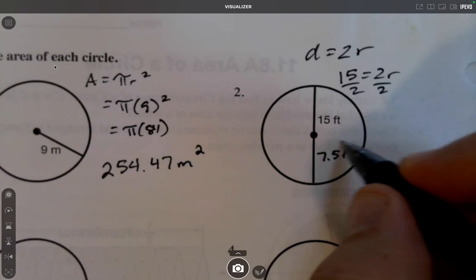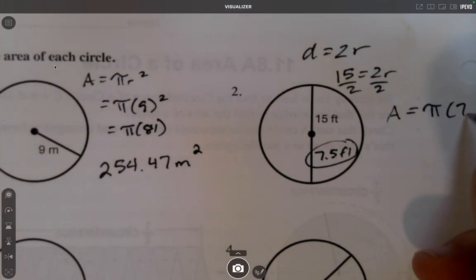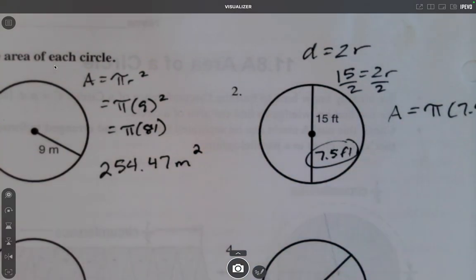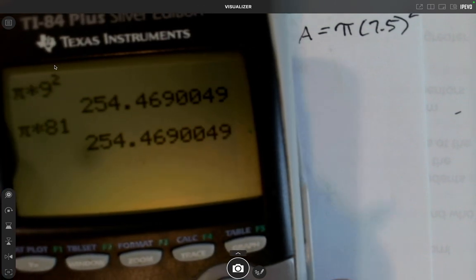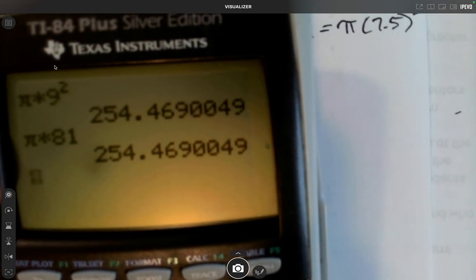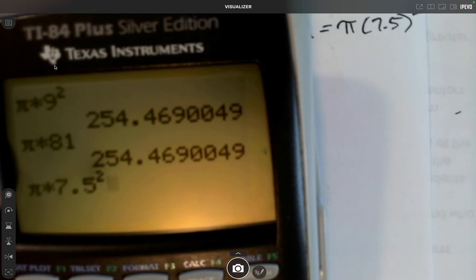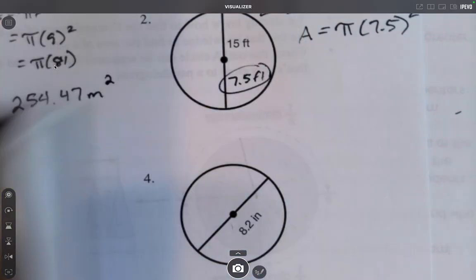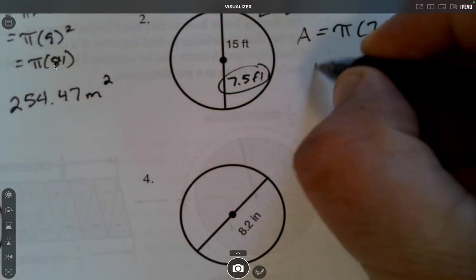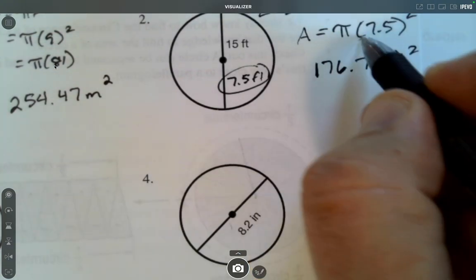So that is what we will plug in to our equation. So we get pi times 7.5 squared and we get 176.71 square feet.